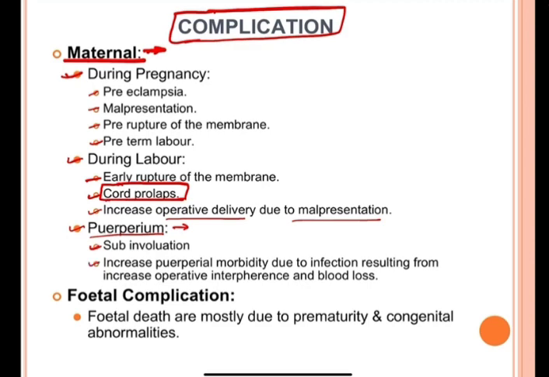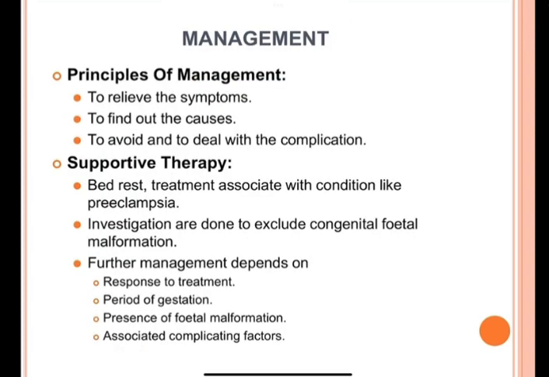Increased puerperal morbidity due to infection, increased chances of infection, and blood loss. What are the fetal complications? Fetal death can occur, mainly due to prematurity and congenital anomalies. As we studied in its etiology, polyhydramnios, most of the time, is due to fetal anomalies.